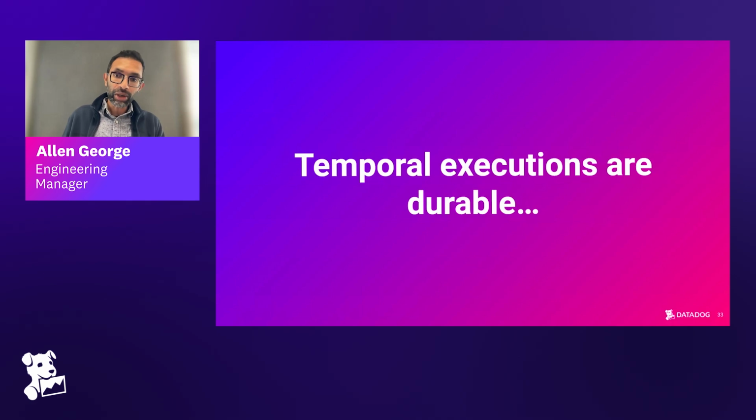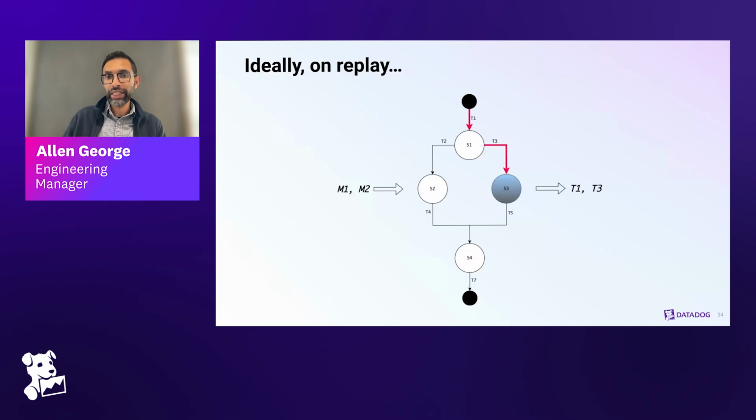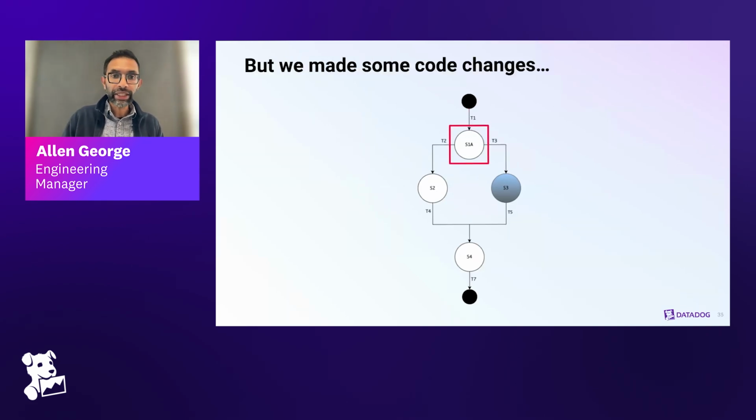And in the case of Temporal, because the executions are durable, what we are expecting is there is a replay, the same set of messages are going to come through, and you're going to get exactly the same set of transitions. But what generally happens is that you'll make a code change, you'll forget the fact that there were executions halfway in the middle of executing.